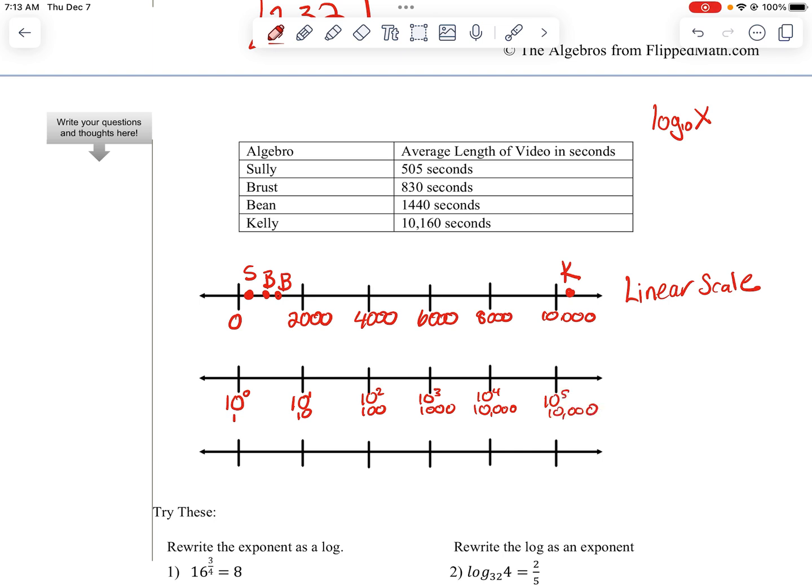So if I was to find log base 10 of 505, what does that equal? I'm saying 10 to what power gives me 505, right?